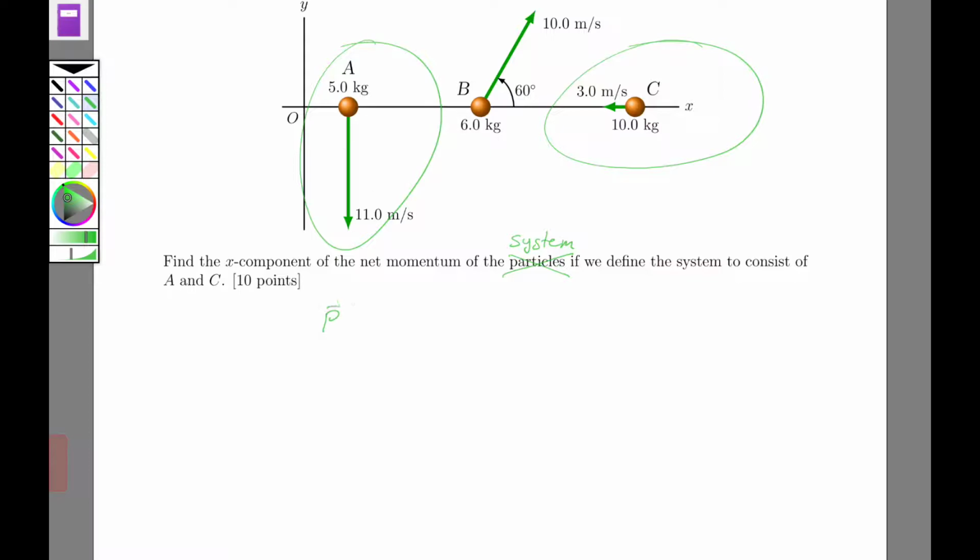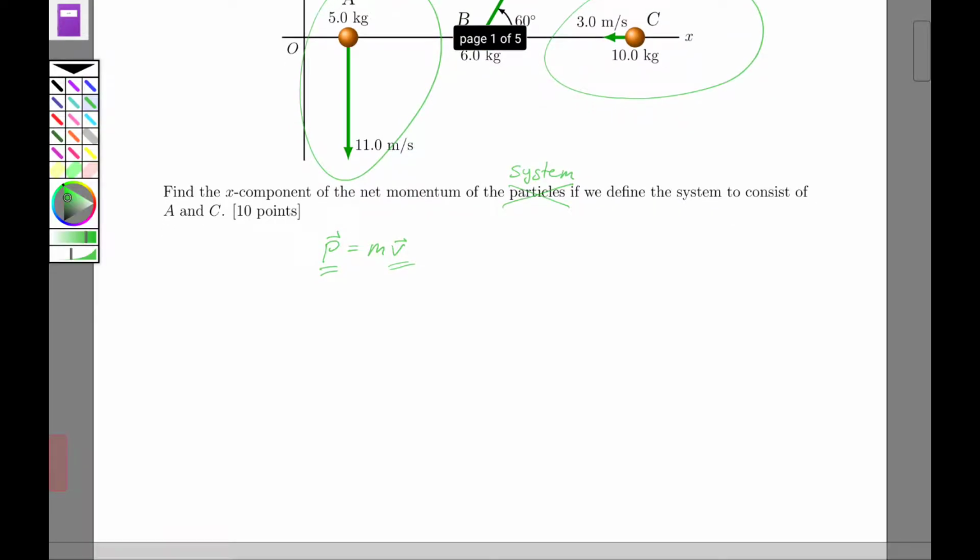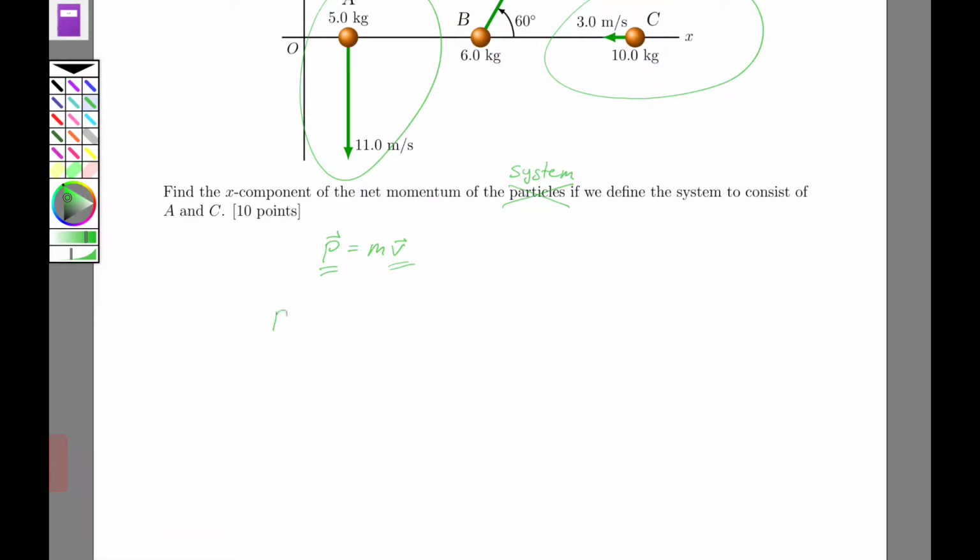Because remember, momentum is mass times velocity, where the vector quantity of the momentum comes from the vectorness of the velocity. But the total, or the net momentum, will be just the sum of the vectors, so the momentum of the constituents of the system.